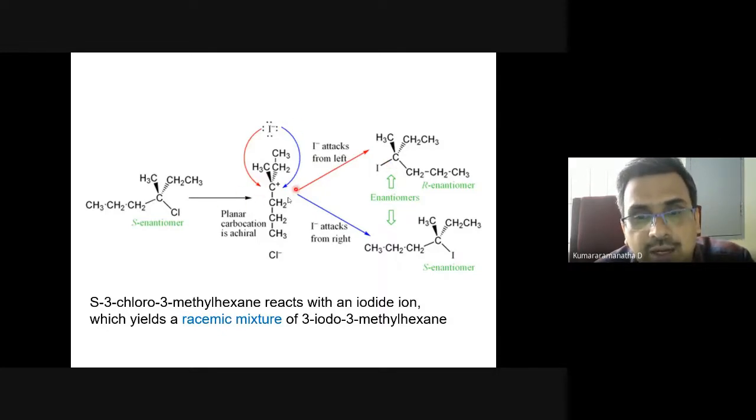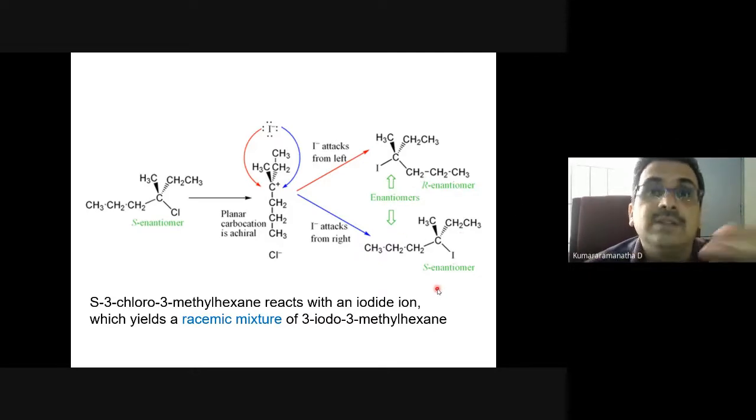If it attacks from the right side, you get this. So you can get the R or S enantiomer depending on how the iodide attacks after the carbocation is formed. So this is very important. You get R and S, so the overall optical rotation will be 0 for this kind of reaction.